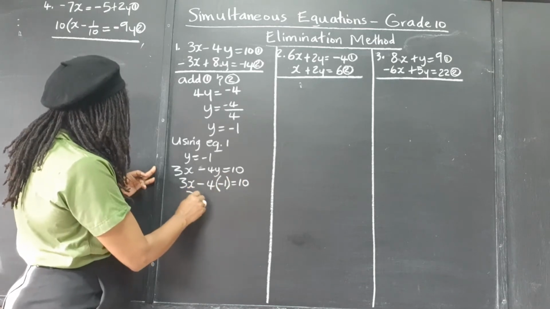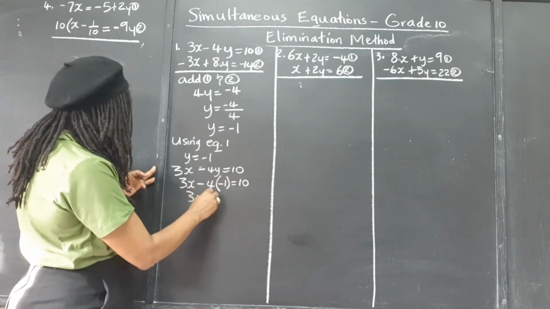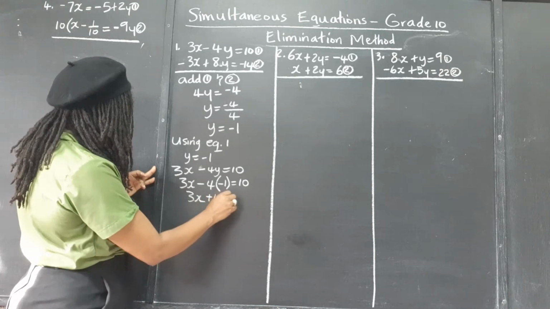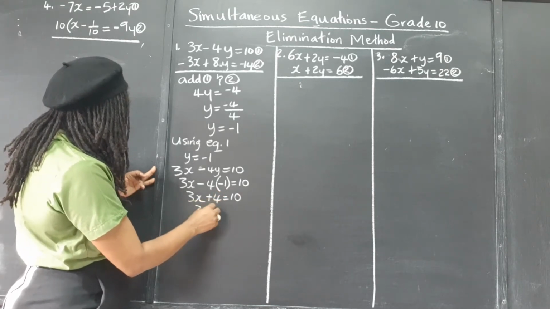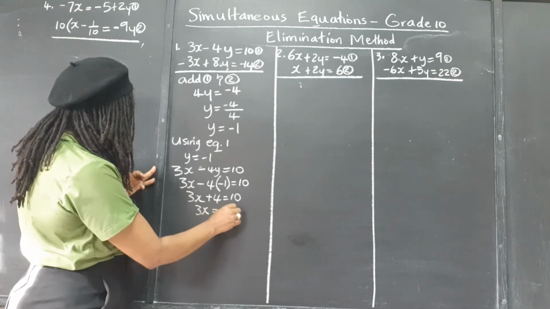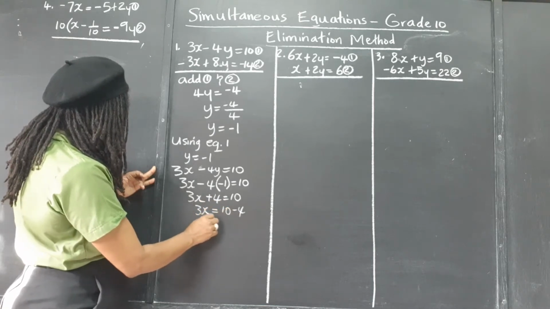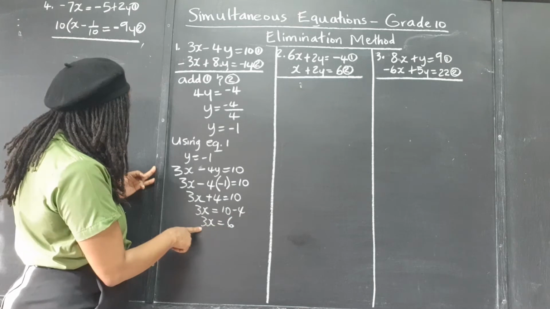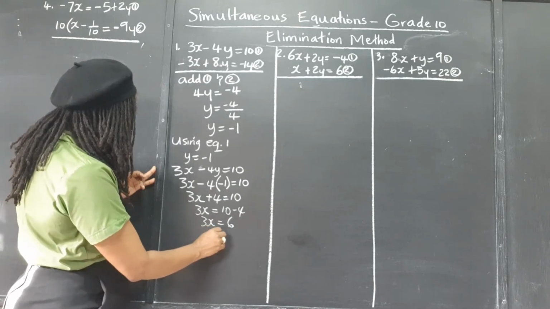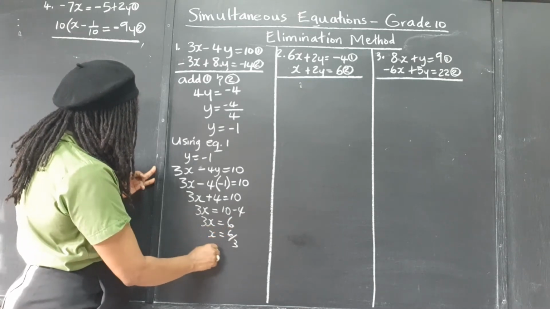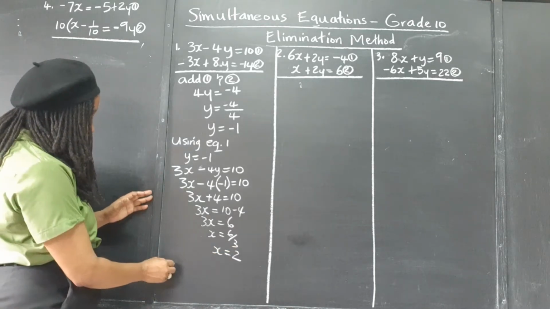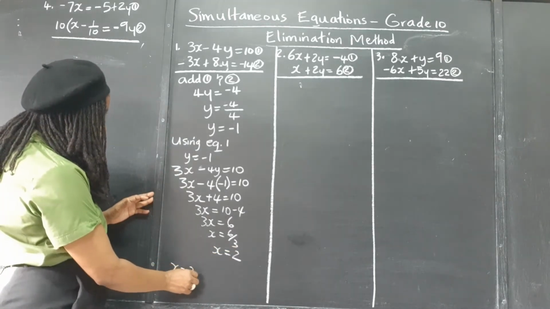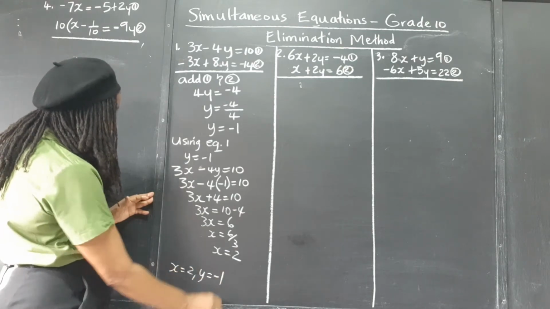So that's 3x. Negative 4 times negative 1 is a positive 4. So now we're going to take 4 from both sides. And now we're going to divide both sides by 3. So x is 2. So our solution set then, x is 2 and y is negative 1.